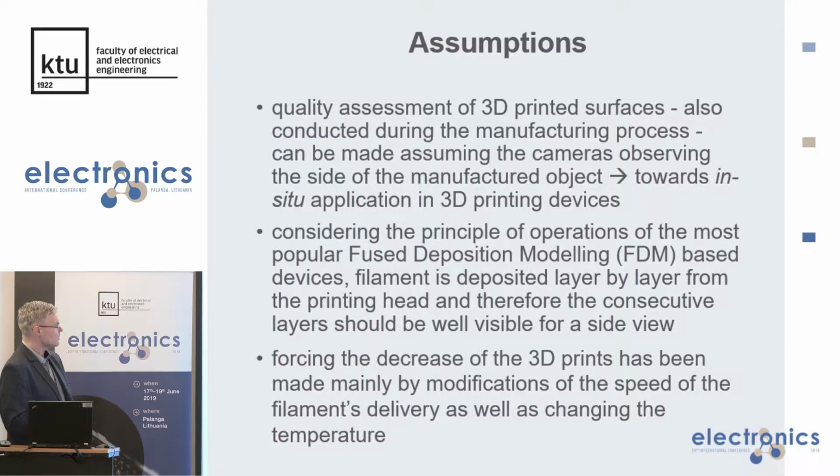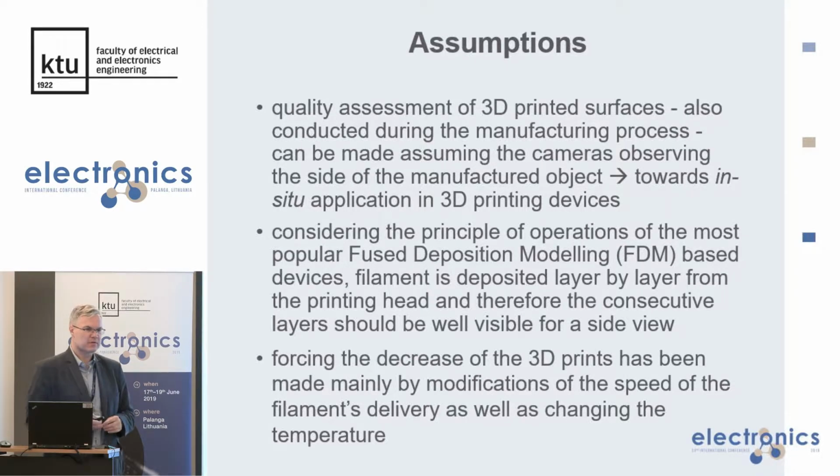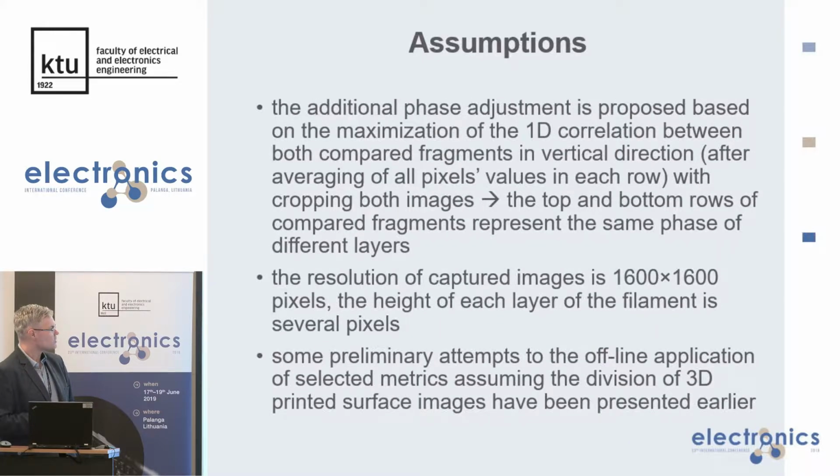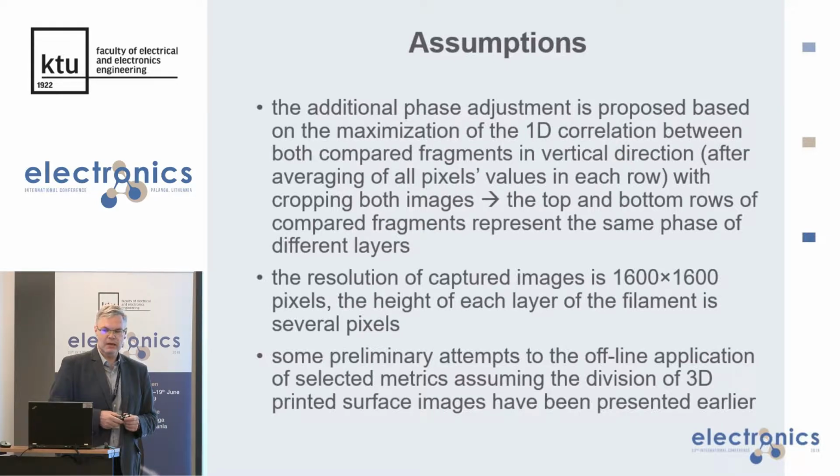So we assumed that if we mount the camera on the side, and if we force the presence of some distortions, we can try to adapt such a full reference image similarity approach to our problem. The first thing we should think about is the phase adjustment.